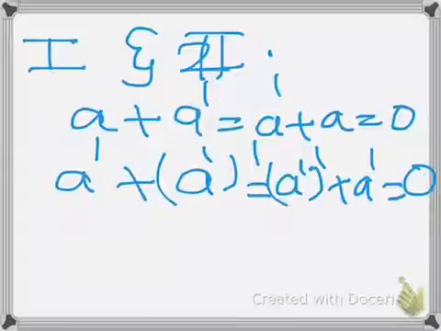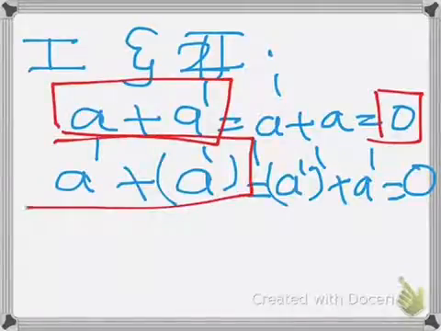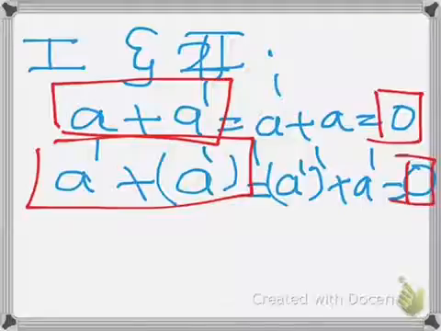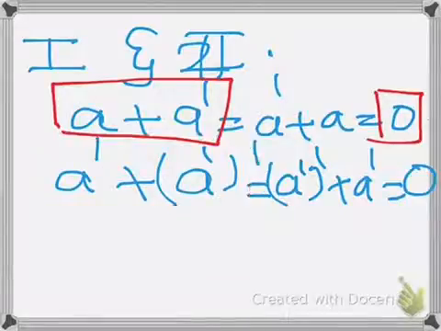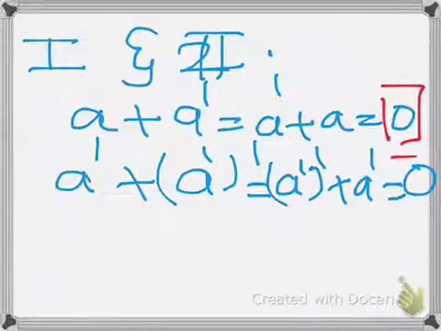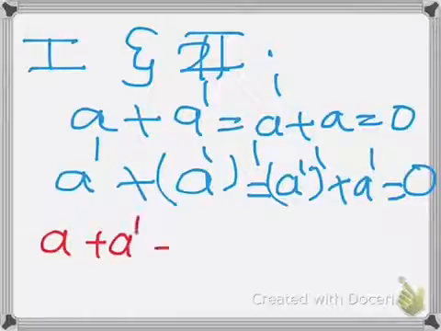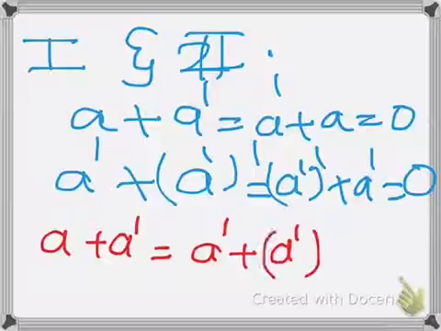So by equations 1 and 2, since A plus A dash equals 0 and A dash plus A dash dash equals 0, we see that the right hand sides of the two equations are equal. Both are equal to 0. So we take A plus A dash equals A dash plus A dash dash.